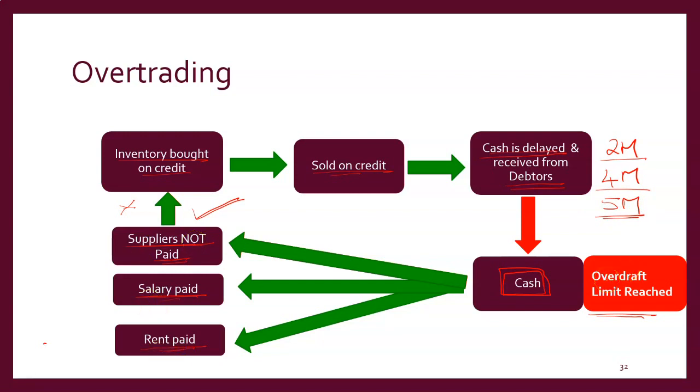For example, we might start with an overdraft of 1 lakh, then the overdraft goes to 2 lakh, then the total overdraft even crosses the 3 lakh limit. The bank has set a limit usually. The maximum limit might have been 3 lakh and we would have reached it. So the bank will not provide any further overdraft cash. So what happens?